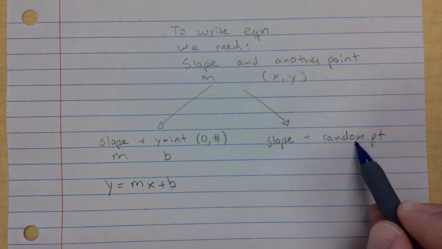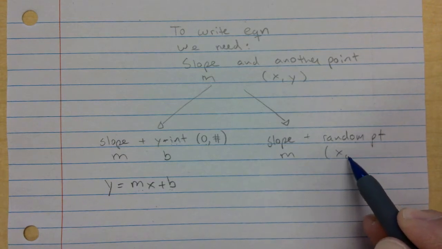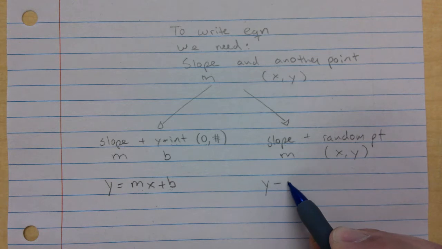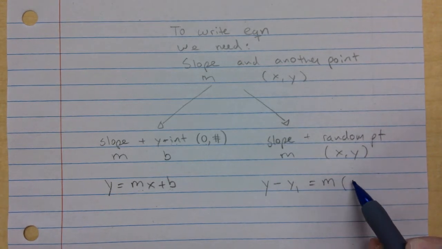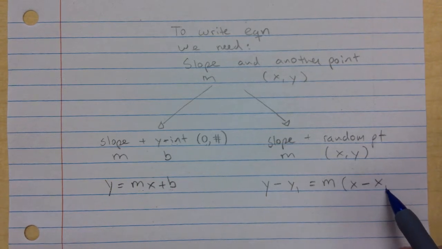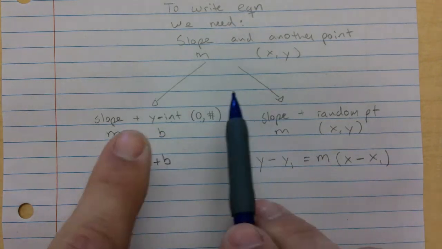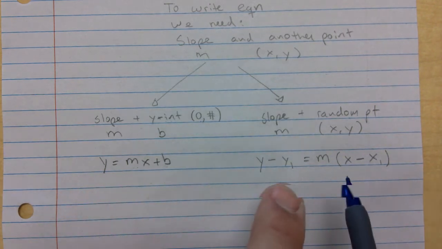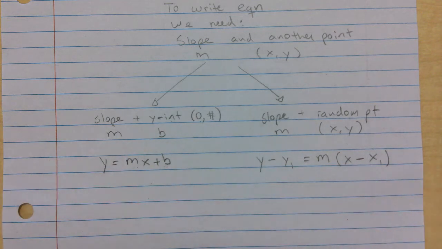If you're given the slope and a random point, so slope and x, y, we're going to use this one: y minus y1 is equal to the slope times x minus x1. Okay? So that's how you determine which one. If it's not stated that you want it in this format or that format, you automatically decide which path to go.